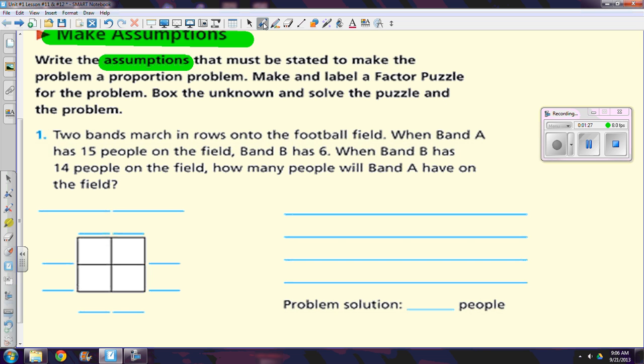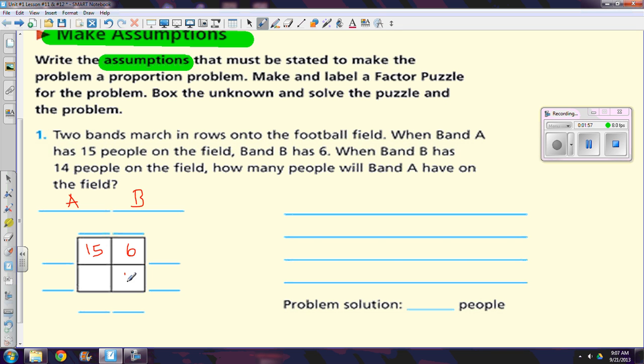So just like we've done before, we have band A and band B. So I'm just going to put A and B. And we have, when band A has 15 people on the field, band B has 6. So 15 for A and 6 for band B. And then it says when band B has 14 people on the field, how many people will band A have?